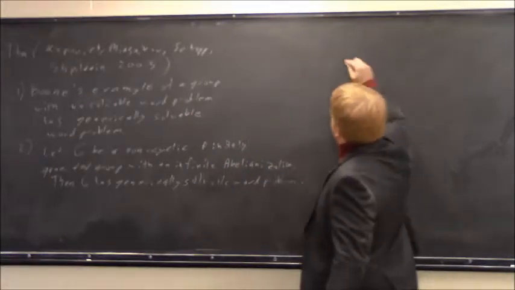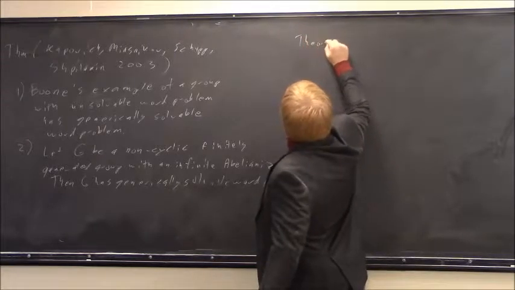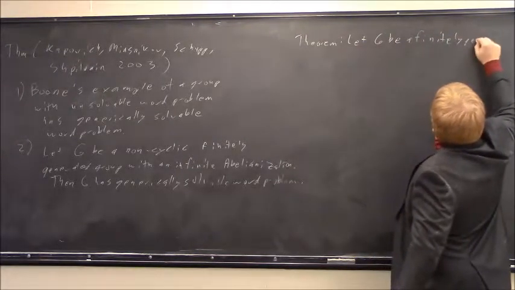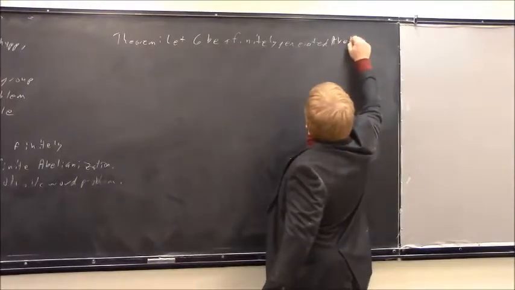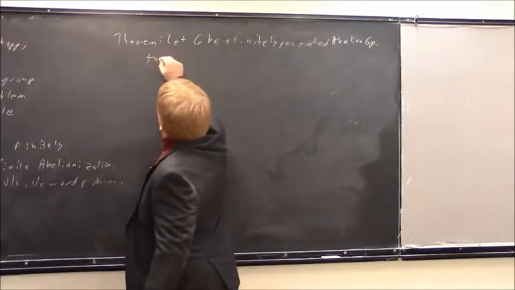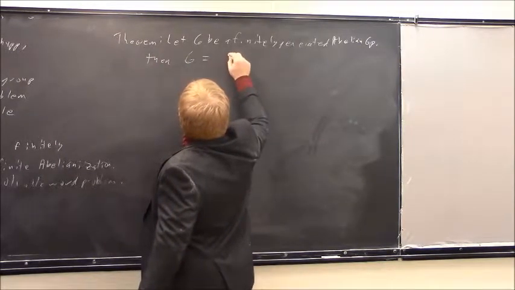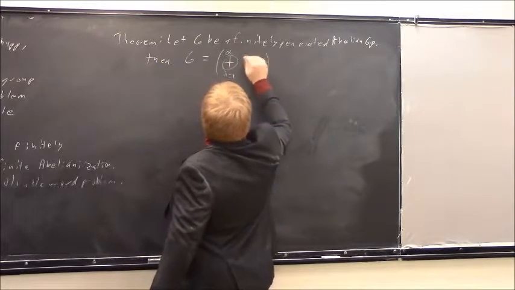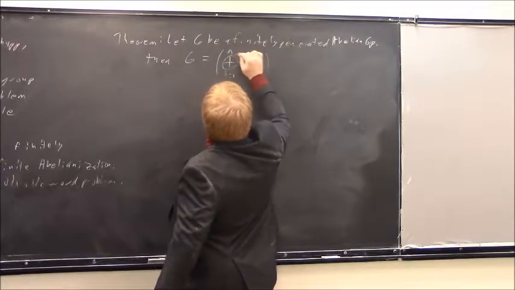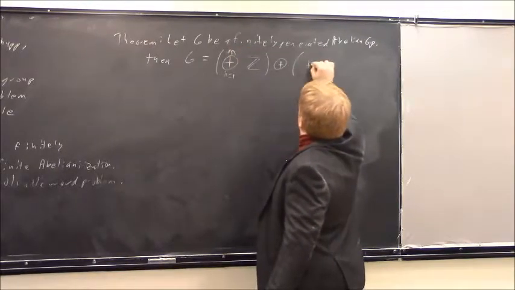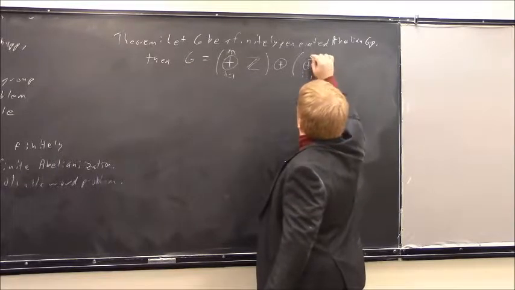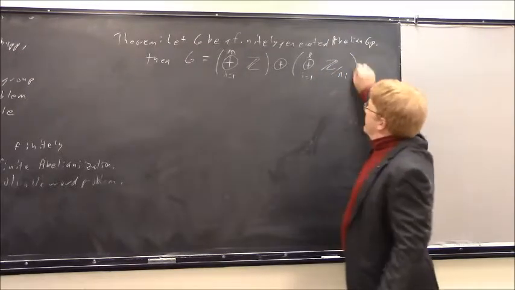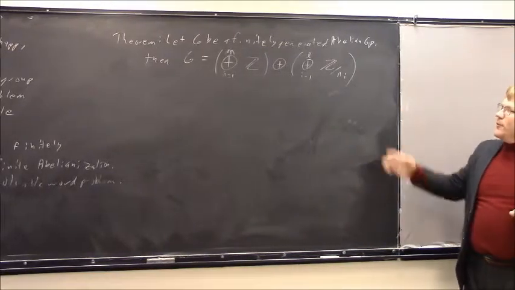But Abelian groups have some things that make them easier to work with. Any finitely generated abelian group is a direct sum of cyclic groups.